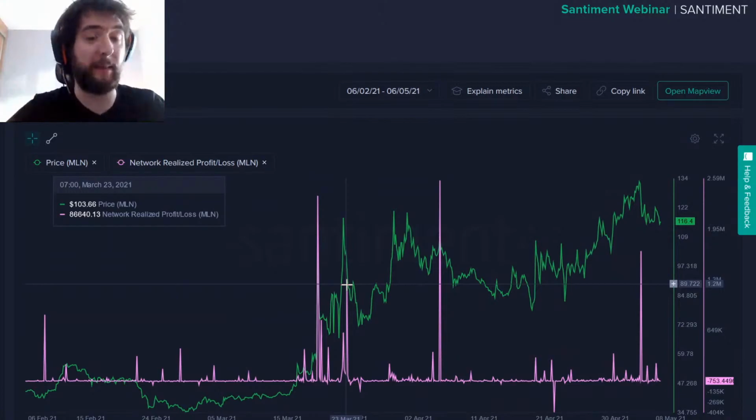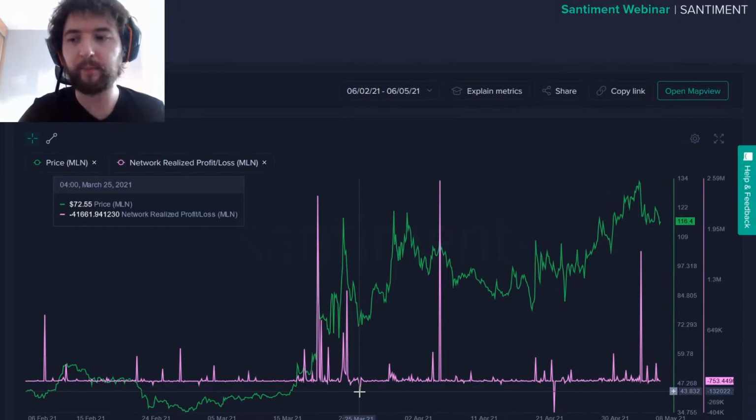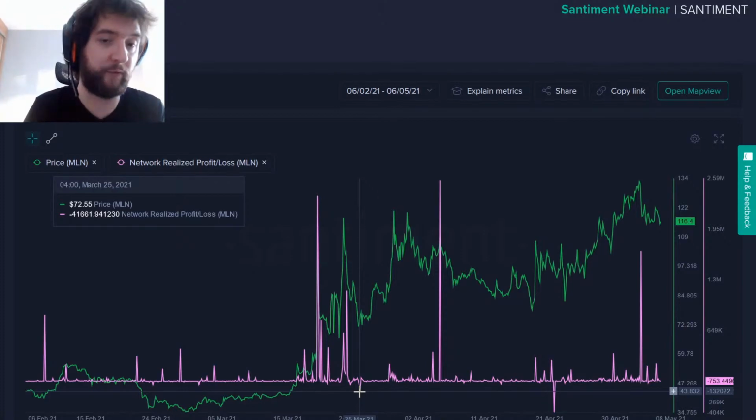So that suggests elevated profit-taking activities. On the other hand, when we see these massive drop-offs in net profit loss, it suggests that on average, all of the coins moving on the blockchain at that point in time are moving at a loss relative to the last time they moved.